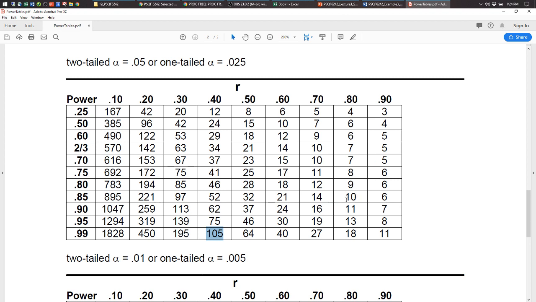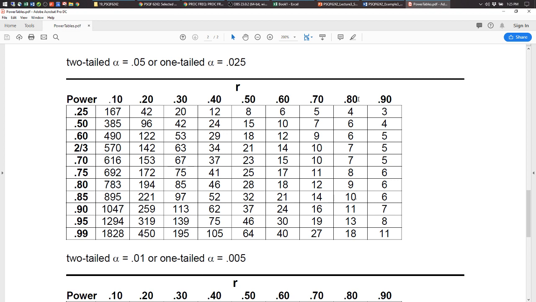Well, here's 10 people. So that means that if you want to have 80% power with your chosen sample size, you need to have an R of at least 0.8. Good luck with that.